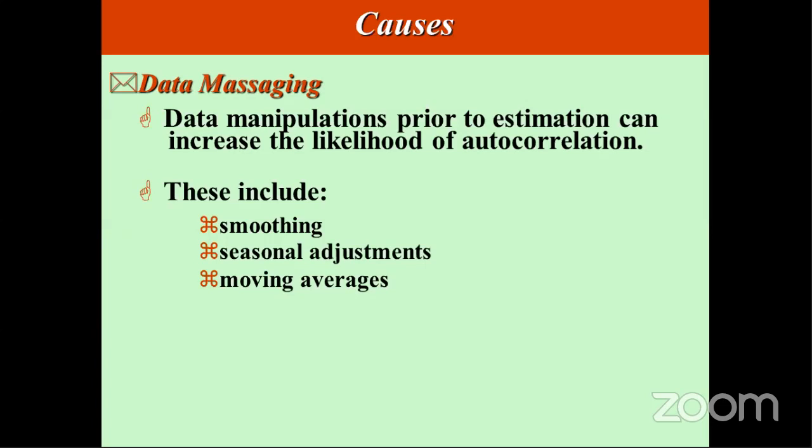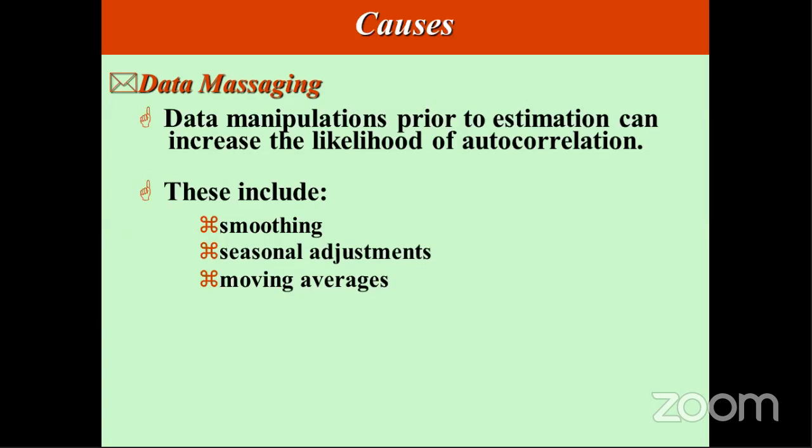Exponential smoothing is another smoothing technique. Any of these smoothing techniques leads to the problem of autocorrelation. These are the main causes of autocorrelation. So we should be careful in the use of time series data regarding this problem of autocorrelation.